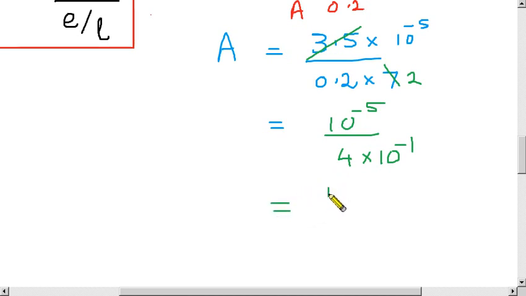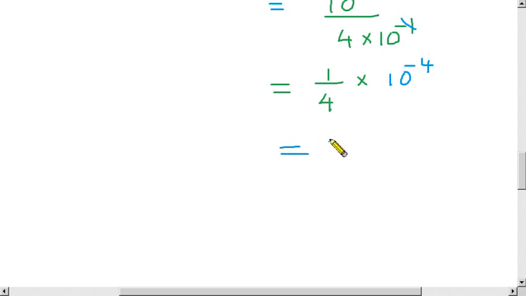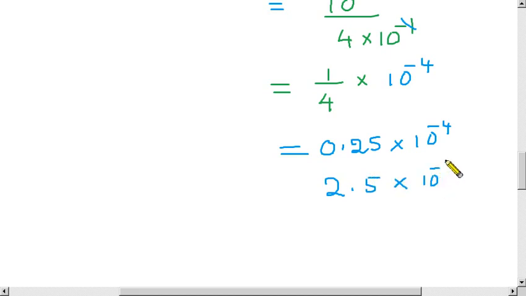Then 1 over 4 times 10 power minus 4. Then what is 1 over 4? 0.25. You don't have to divide, you must remember these things. 1 over 4 is 0.25. Then power minus 4. Then from here 4 times go left, but if you write 2.5, then 10 power minus 5.